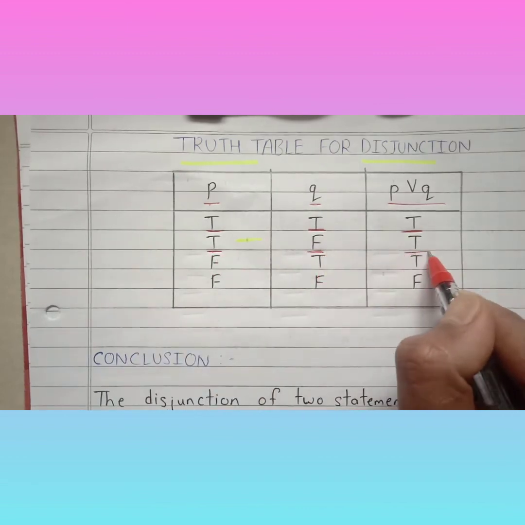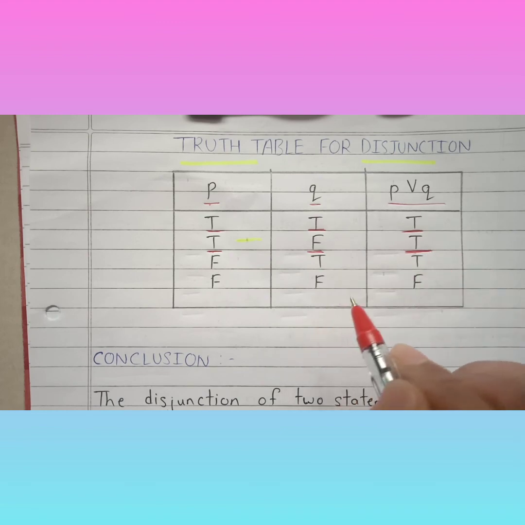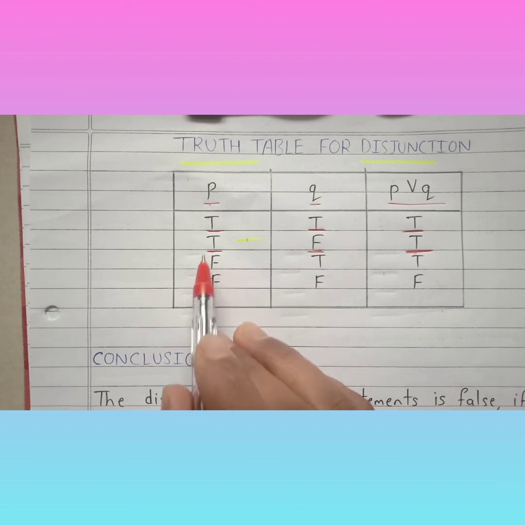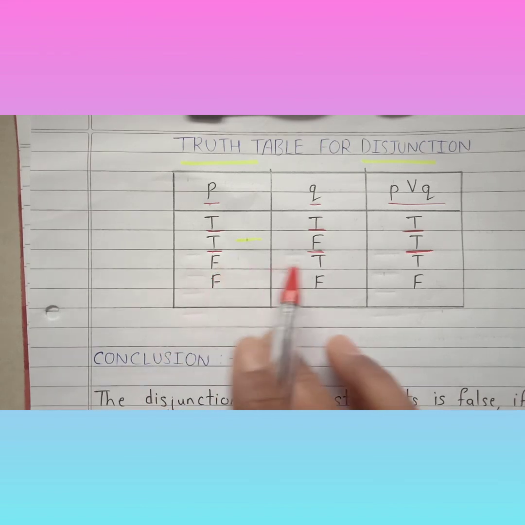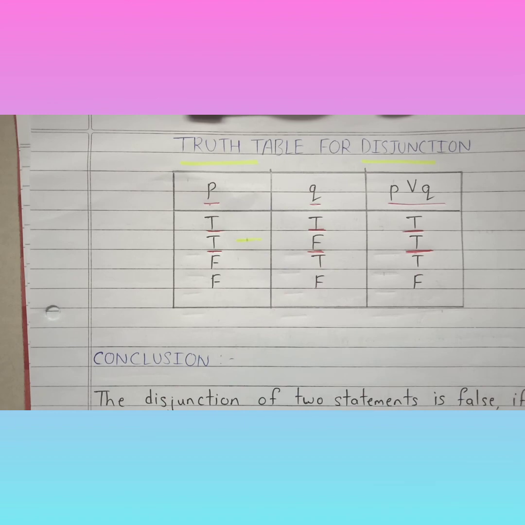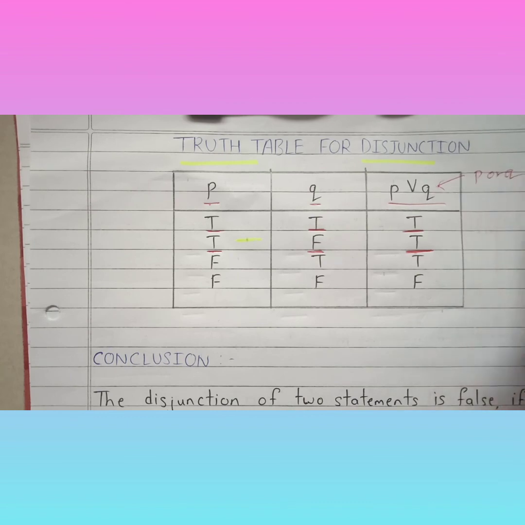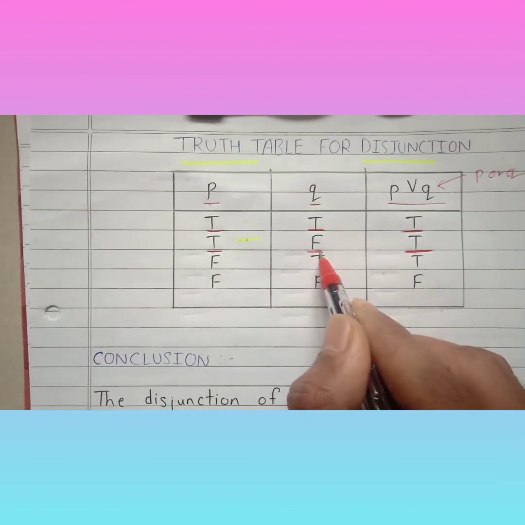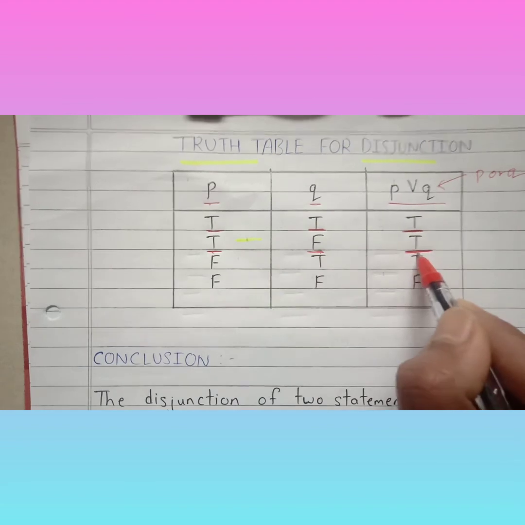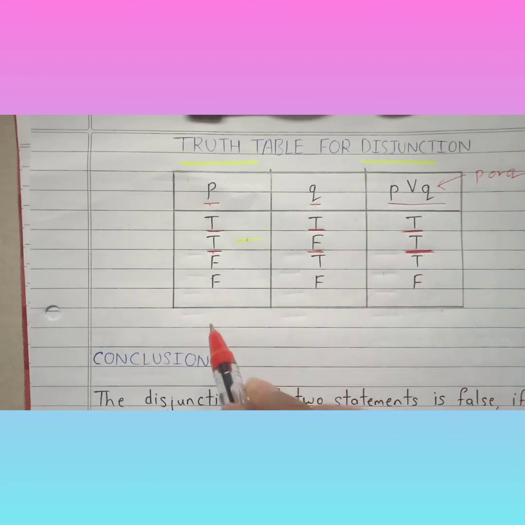Then also P or Q becomes true, because at least one should be true. Either P should be true or Q should be true. Here P is true, Q is false, so one statement is true, that's why P or Q becomes true.